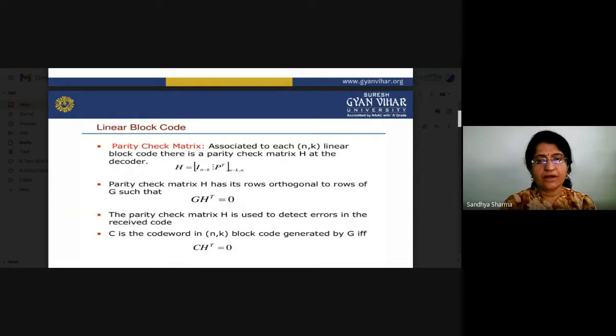So here we have to take the transpose of P. The parity check matrix H has rows orthogonal to the rows of G, such that G H transpose is equal to 0.